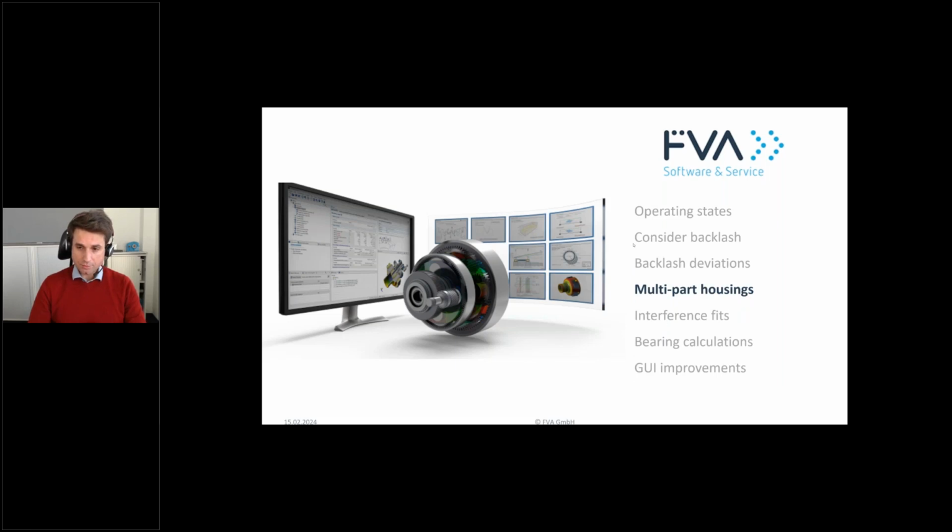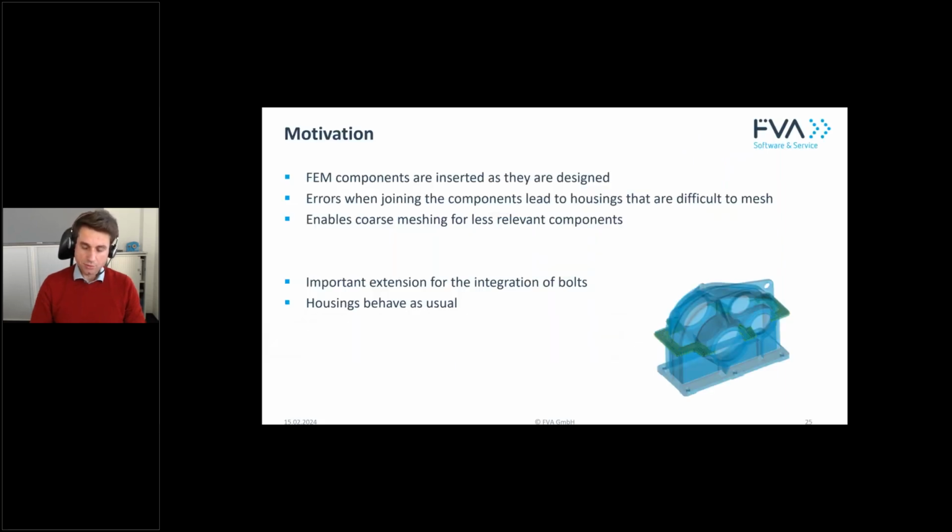The next subject is regarding multi-part housings. So with the older versions of the FVA-Workbench, housings were considered as one solid, and during the import of the solid, we merged all the parts of the casing to one geometry and meshed it as one geometry.